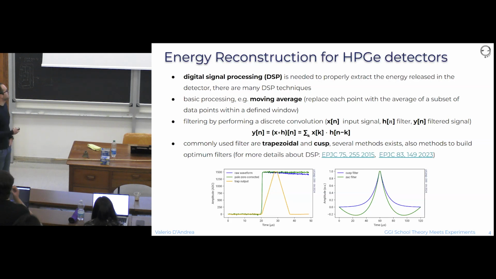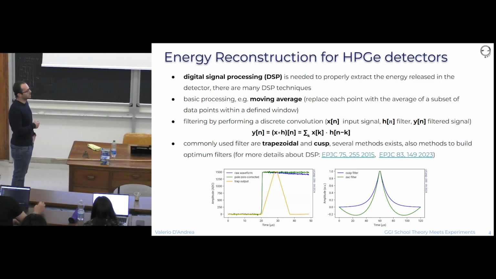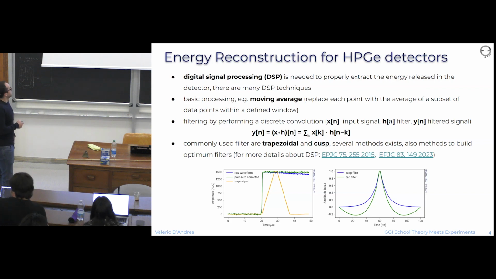The filtering is needed to reduce the noise, and then you extract the energy. This is an example here, and I will show it also later when I show the notebook. So you have your signal, and you process it in some way. One of the most basic filters is the so-called moving average, where you average a subset of points together, and you do this over all your signal.